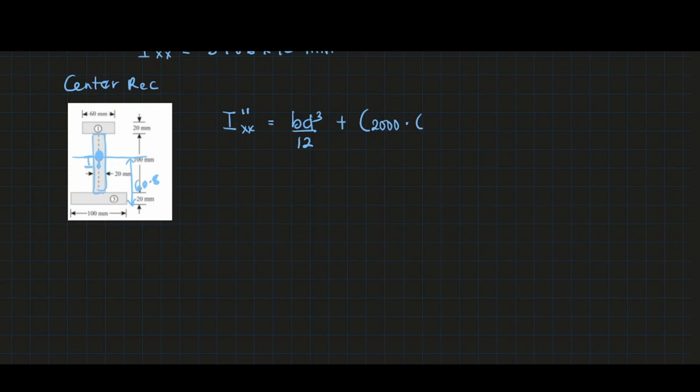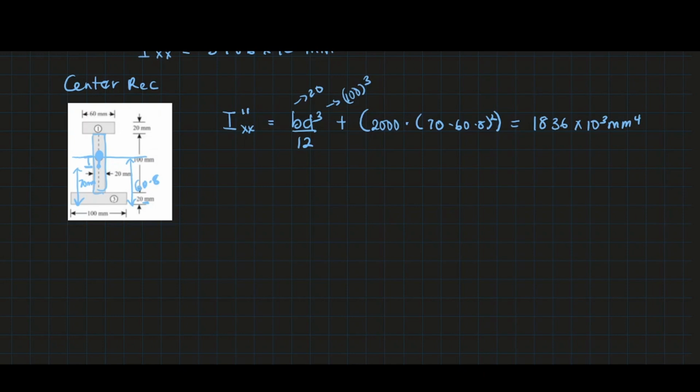We know it's 100 divided by 2 plus 20, which gives 70 mm. It's going to be 70 minus 60.8 squared. We know that B is 20 and D is 100 raised to the power 3. If we resolve all of this, we get the answer as 1836 times 10 raised to 3 mm^4.